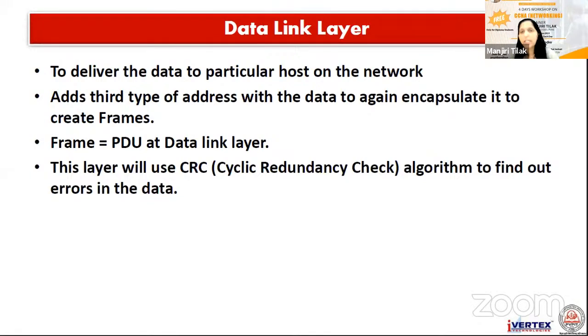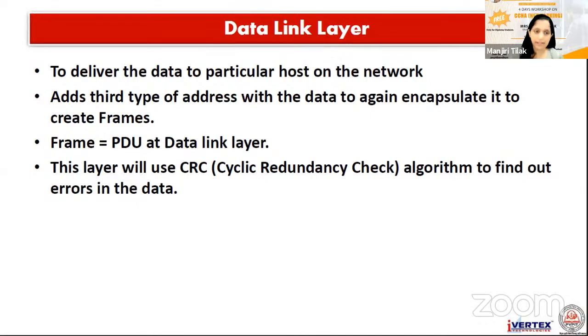Now, another function performed by this data link layer is error checking, because up to network layer, no layer checks the data for errors, right? So before actually sending the data in the network, it is necessary to find out whether data is error free or has some error. So who does that duty or function?